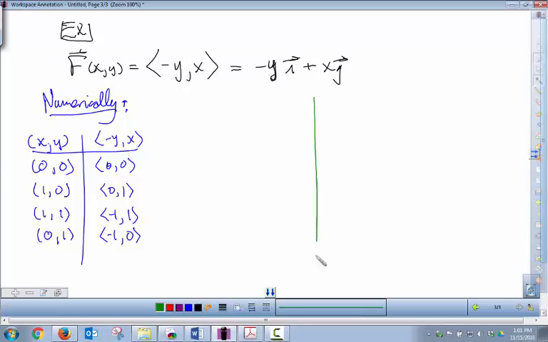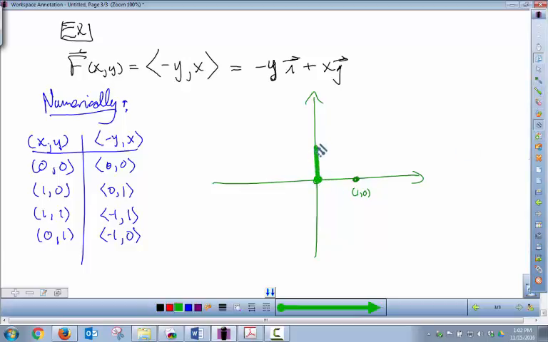But graphically, how's it going to look? Well, 0, 0 is not going to give us anything interesting. It's going to give us 0, 0. Now, if I take a look at the point 1, 0, add the point 1, 0 there. The output is 0, comma 1. Now, 0, comma 1 is a vector that would point in the positive y direction. So I'm going to draw a line here, but you don't have to do it because I'm going to end up moving it.